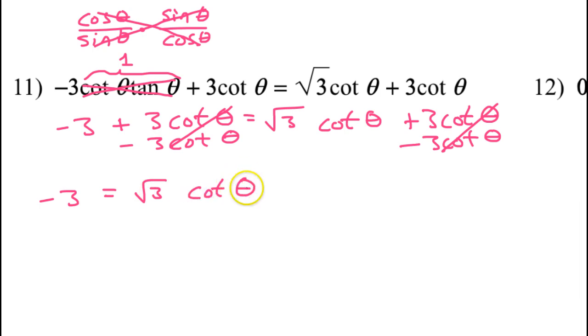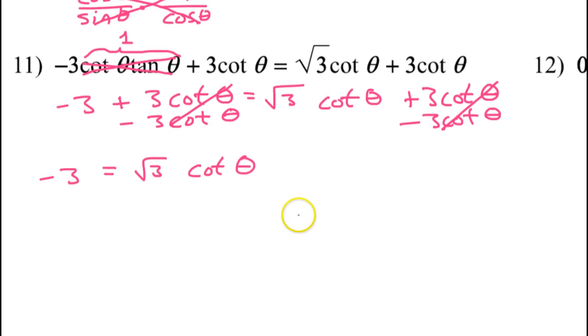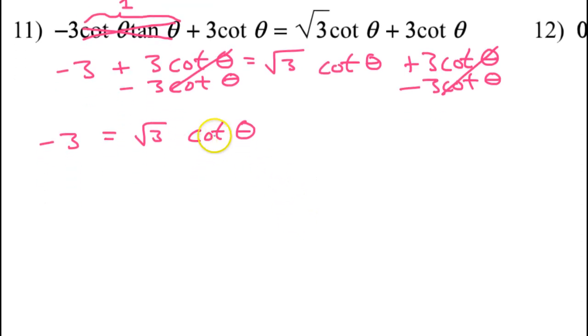This problem is getting more simple by the minute. To get cotangent theta by itself, I will divide both sides by radical 3, which leaves negative 3 over radical 3 is equal to cotangent theta.